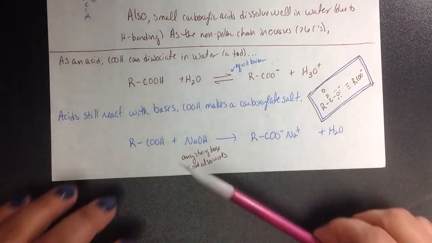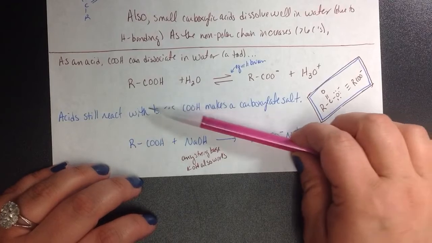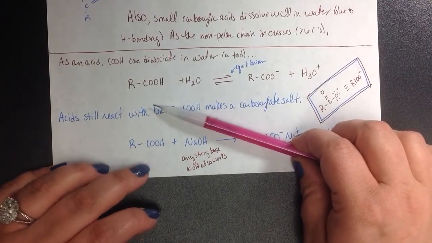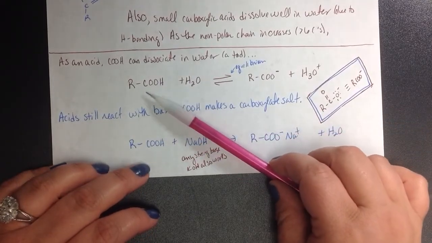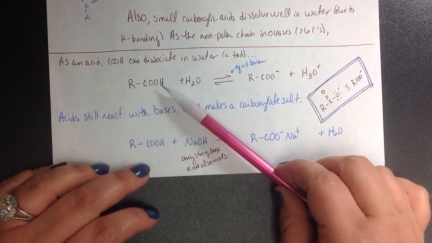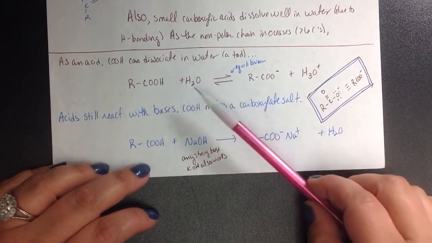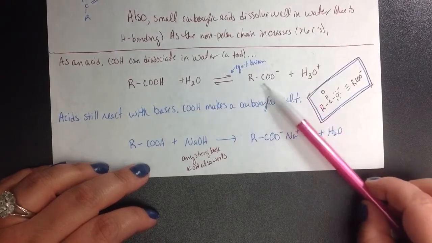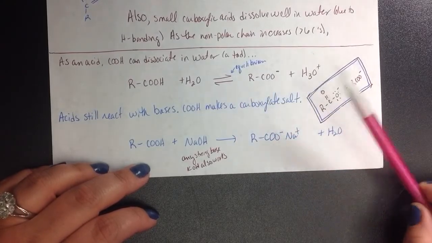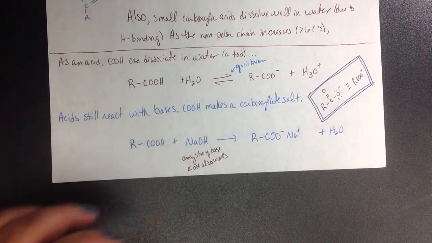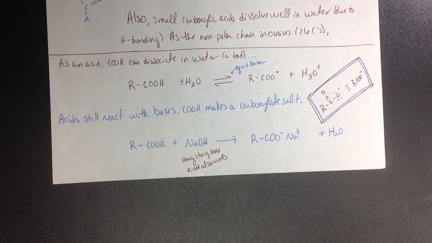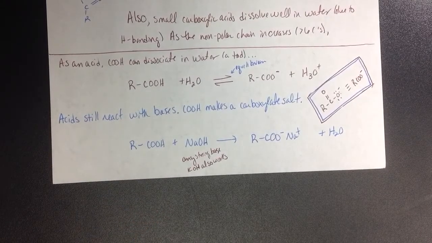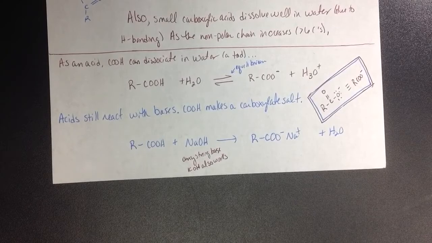What we find with this equilibrium is that it stays to this side. But a little bit of this carboxylic acid will donate its hydrogen over here, leaving behind a COO minus and an H3O plus. We call that dissociation in water. So a little bit of it will dissociate in water.